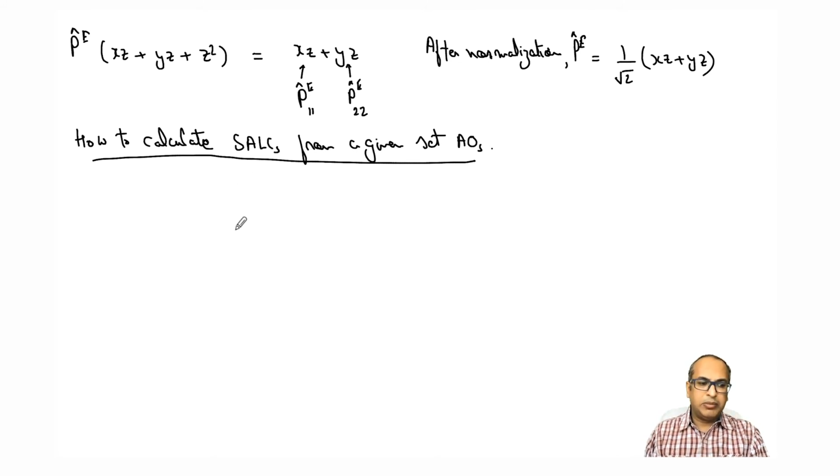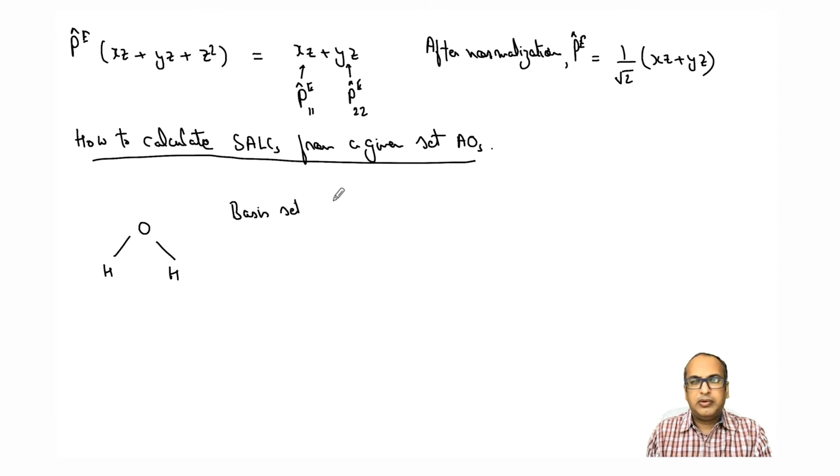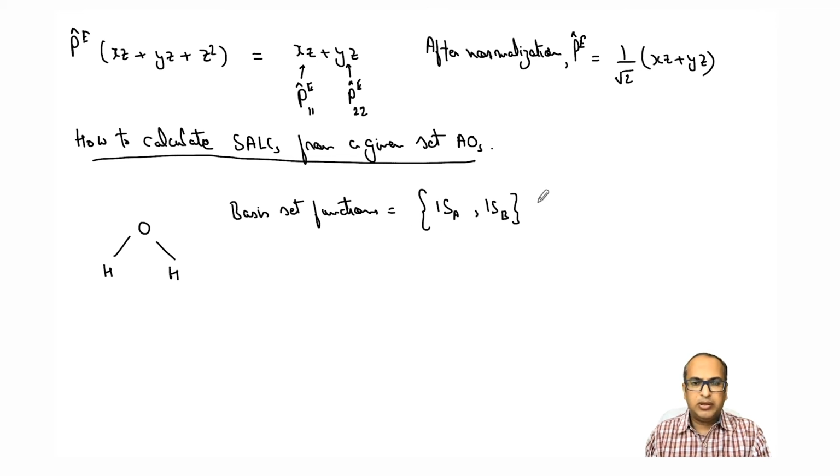So let's see how to do this by taking a different example than C3V. Let's take water. That also is easy and we have been working on it. In this case, let us take the basis set functions as 1sA and 1sB, which are nothing but the s orbitals of hydrogen.